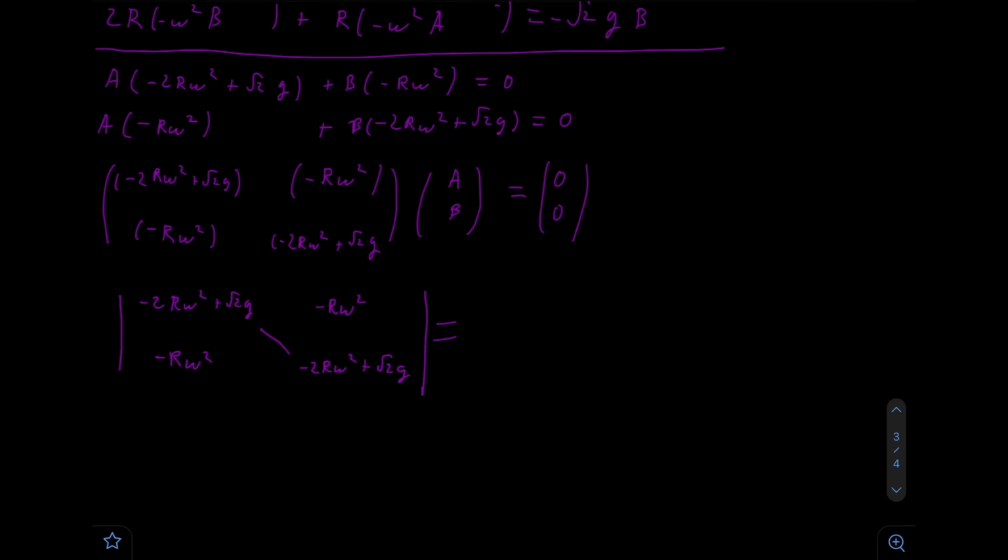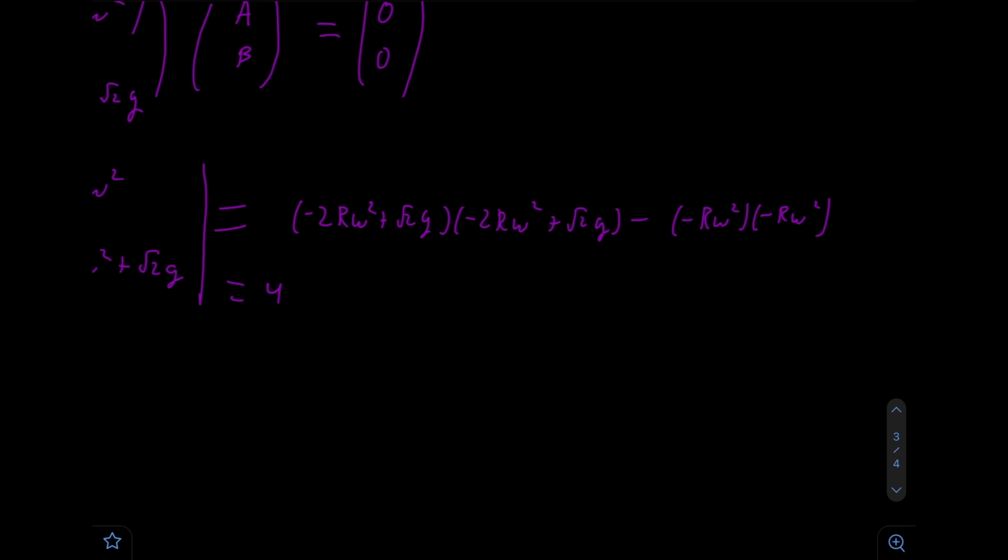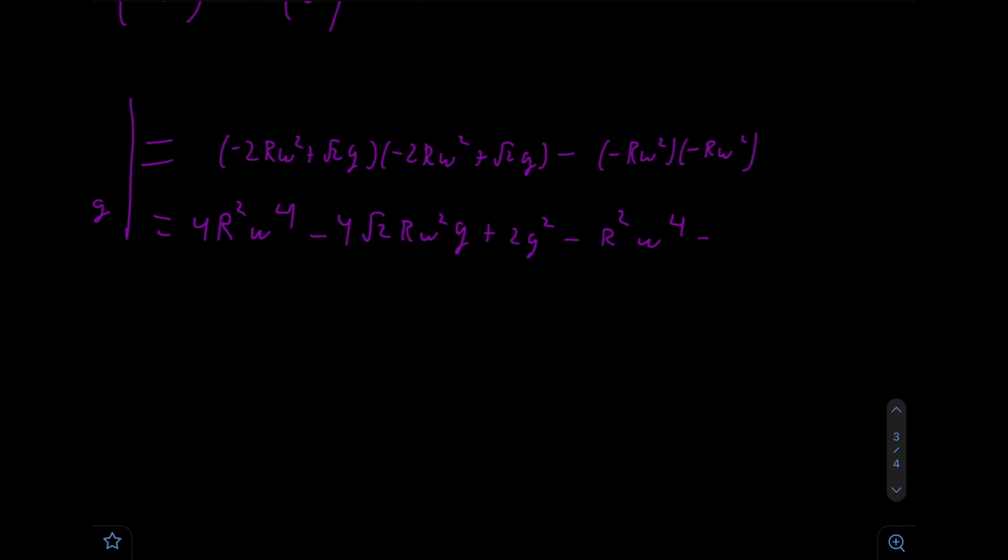So remember it's this times that minus this times that, which equals 4 r squared omega to the 4th minus 2 root 2 r omega squared g minus 2 root 2 r omega squared g plus 2g squared. We have 3 negatives here, so it's going to be minus r squared omega to the 4th, which equals 0.